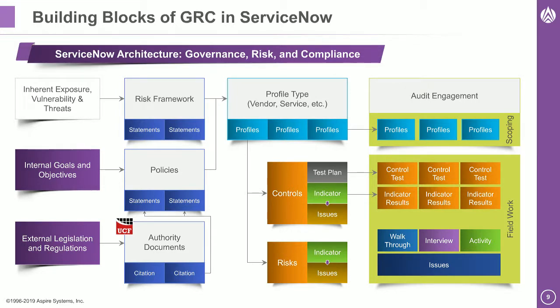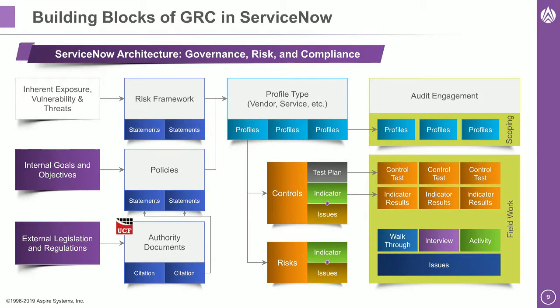Similarly, we have a control called screening of candidates prior to employment, which is a control on human resource security. This control will again become a citation. Information access restriction for systems and application access control is another control which will be a citation.